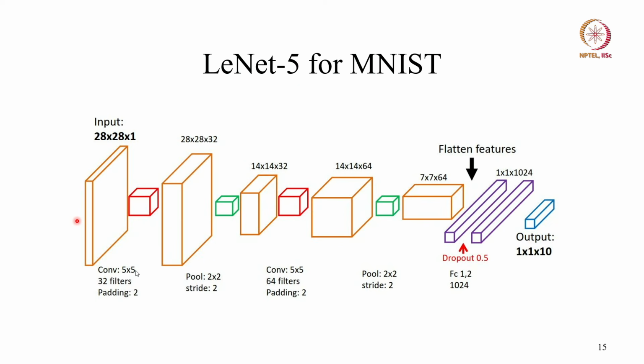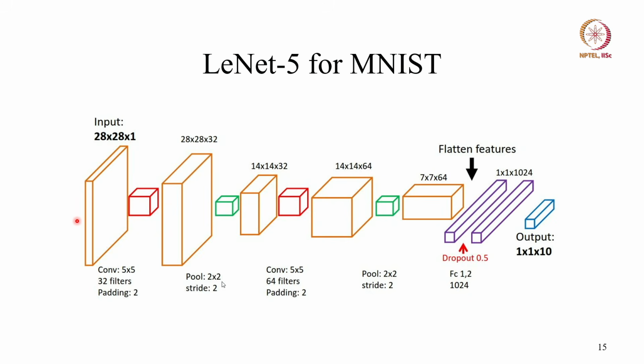So you have filters of size 5 into 5 and you have 32 such filters, right? And you have a padding of 2. When you have a padding, you are putting a row of 0s on all 4 sides. So you find that the output of this will have the same dimension as the input. So you'll get 28 into 28, but you're using 32 filters, so you're going to get 28 into 28 into 32.